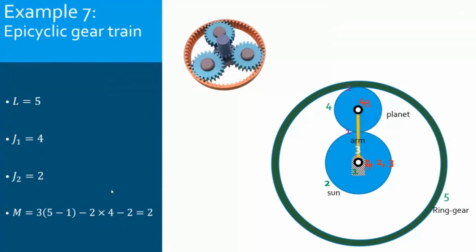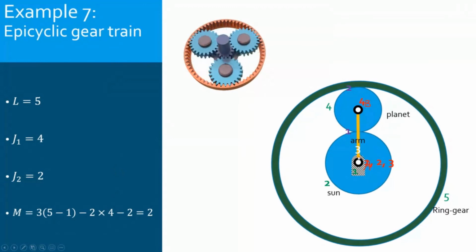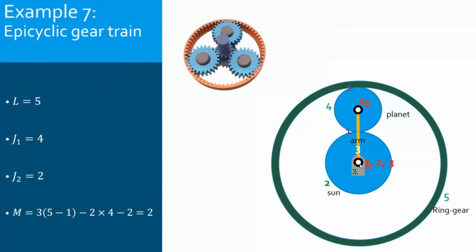J1 is 4 because I have this central pin joint, A, connecting 4 links together. I have the sun, or the central gear, rotating about the ground. I have the arm rotating about the ground.